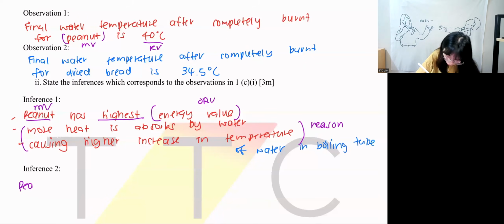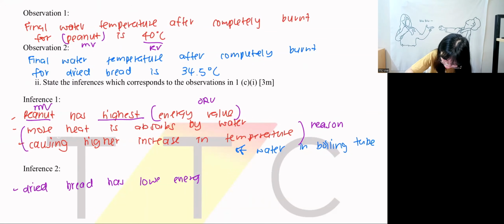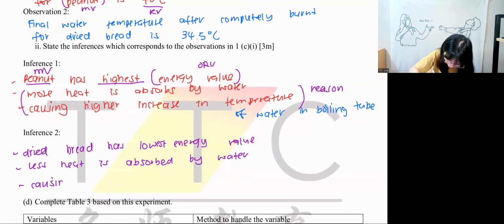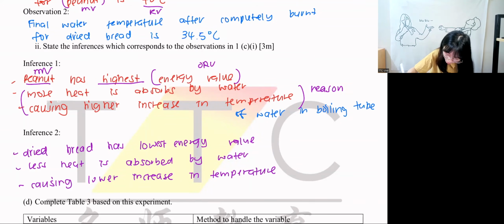So you write: dry bread has lowest energy value, less heat is absorbed by water, causing lower increase in temperature of water in boiling tube.